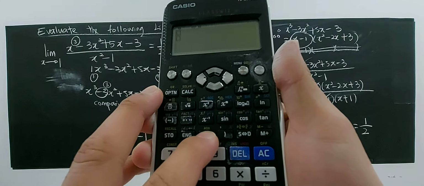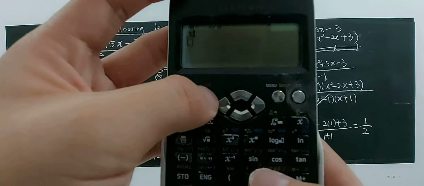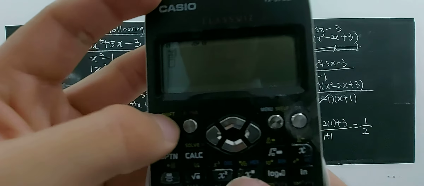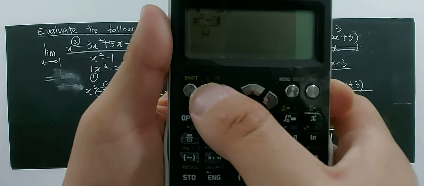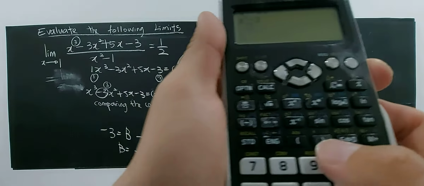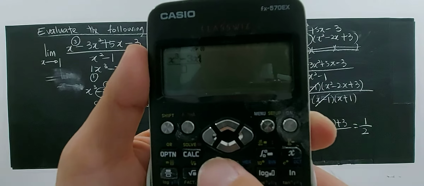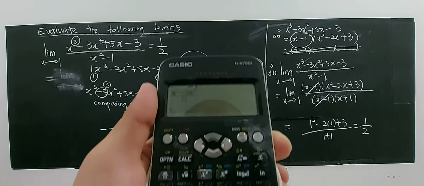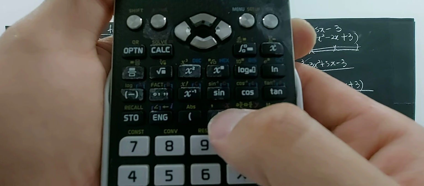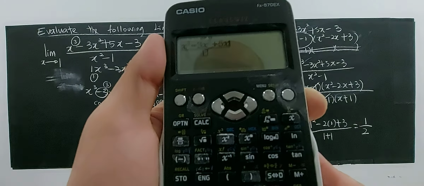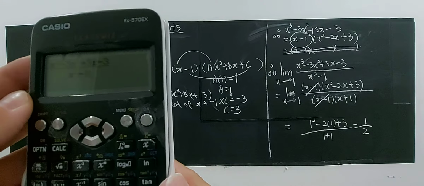Alphabet x, you can key in alphabet x, then shift cube. Minus 3 alphabet x, there is an x on top here, right? Then x squared, so plus 5 alphabet x, minus 3, then over alphabet x squared minus 1. This is the function that you get here, can you see that?